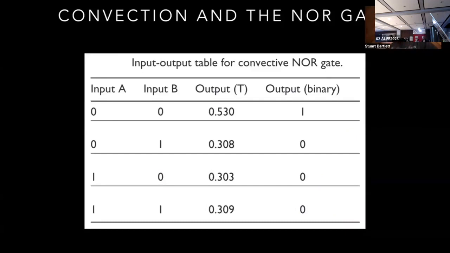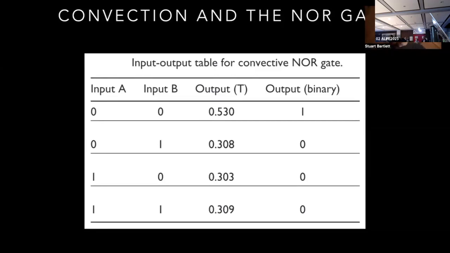We chose an output threshold temperature of 0.375. Anything above that gets assumed to be an output of 1, and anything below gets assumed to be an output of 0. If we choose that threshold, then our 0,0 input maps to an output of 1, and all the other inputs, with a temperature of less than 0.375, map to a binary output of 0. So this constitutes a working NOR gate built from convective fluid interactions.